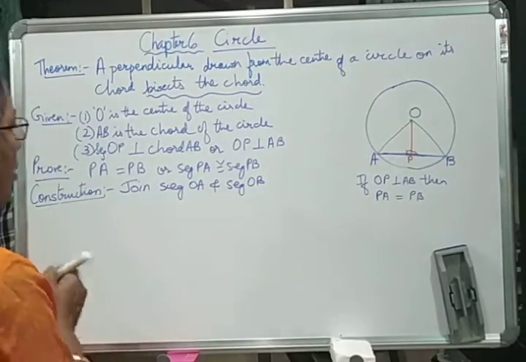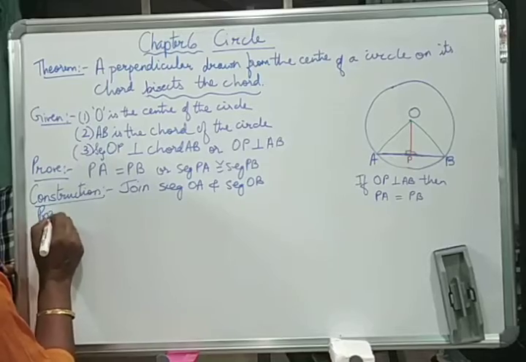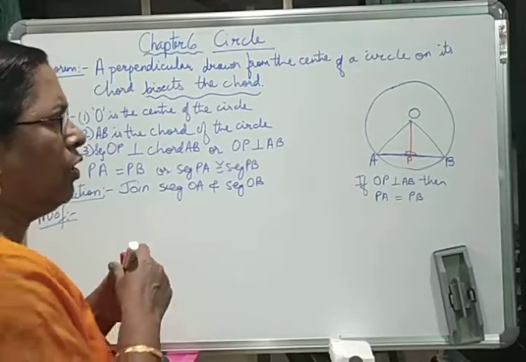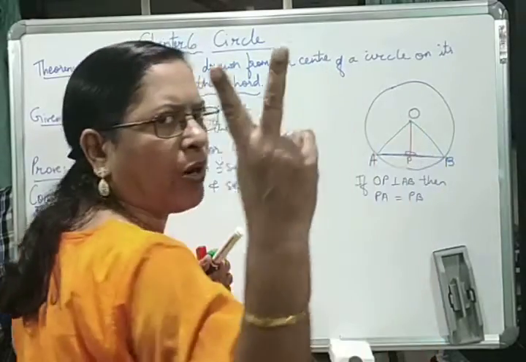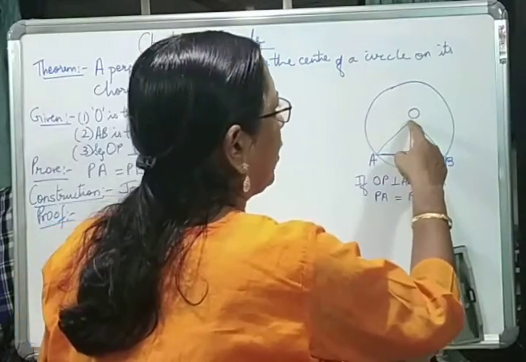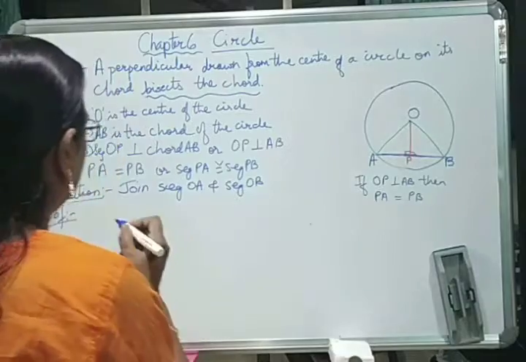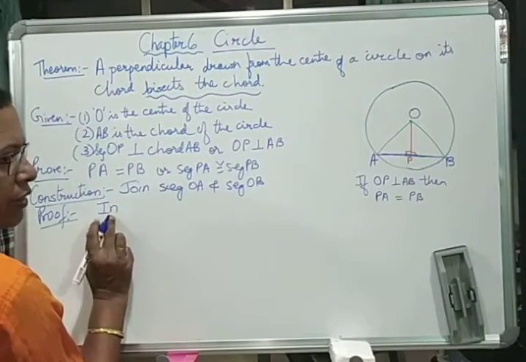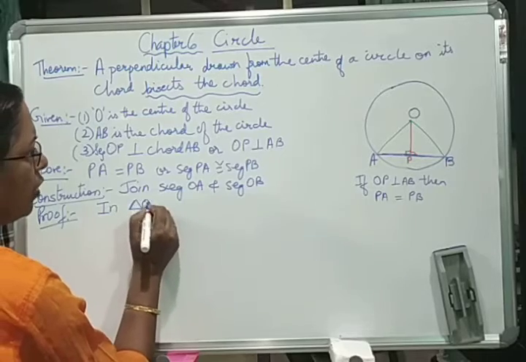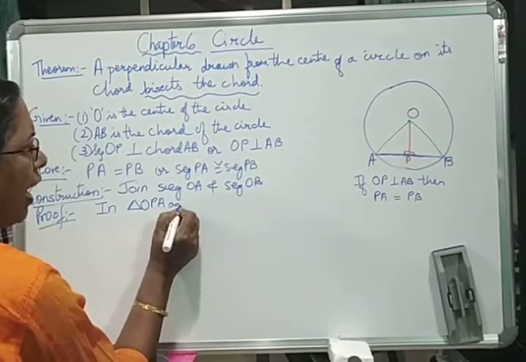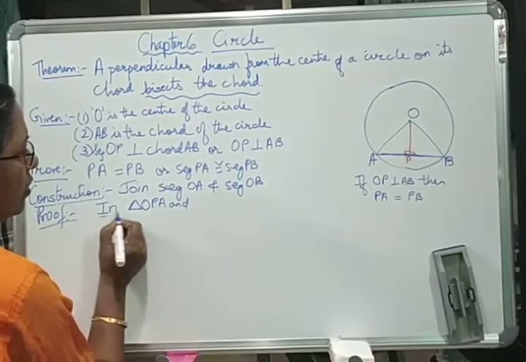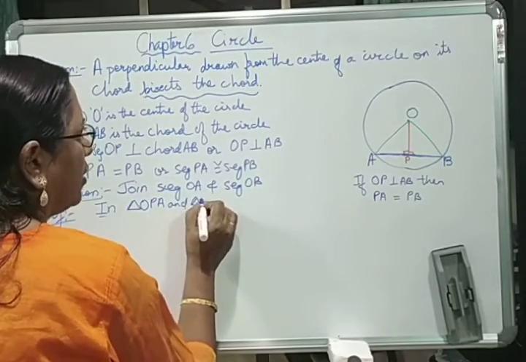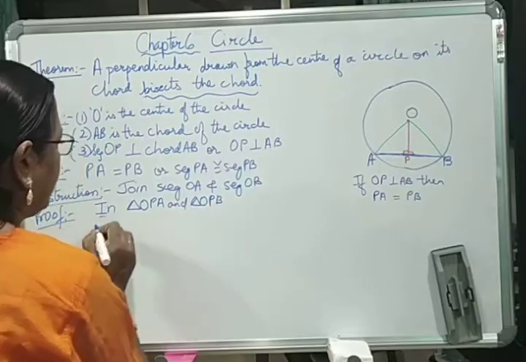Now comes the proof. When you write down the proof, we require two triangles. So we are taking the triangle OPA. When you are writing proof, you have to write down in triangle OPA, and, you have to write down the word and in the middle, triangle OPB.